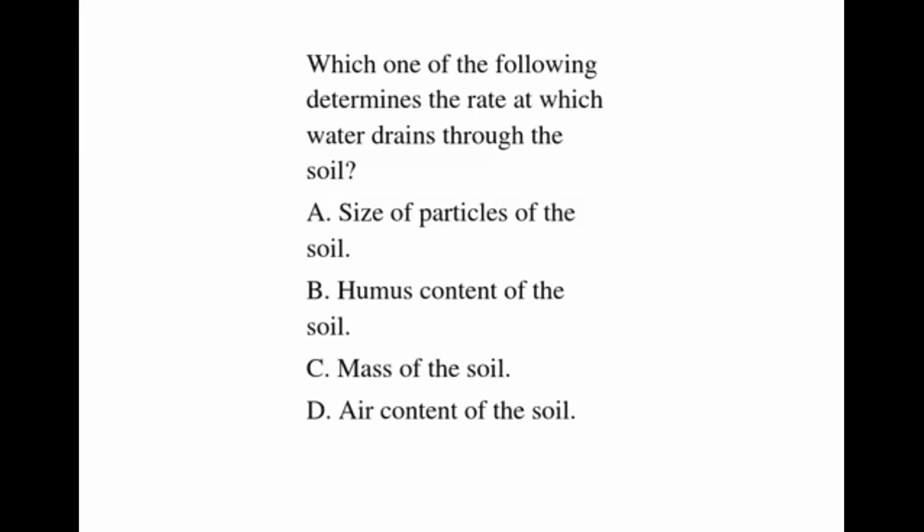Which one of the following determines the rate at which water drains through soil? When you talk of drainage, drainage is the ability of soil to let water pass through.